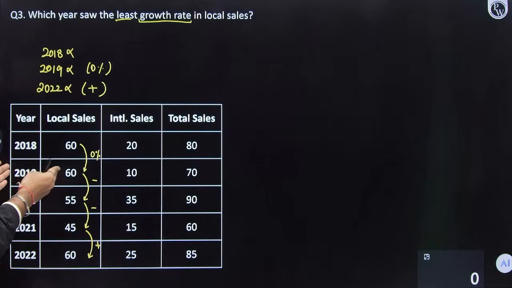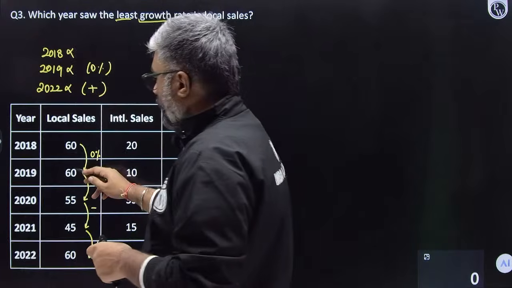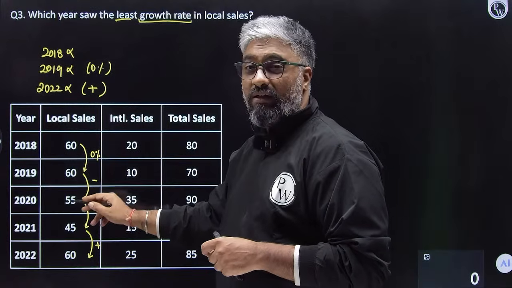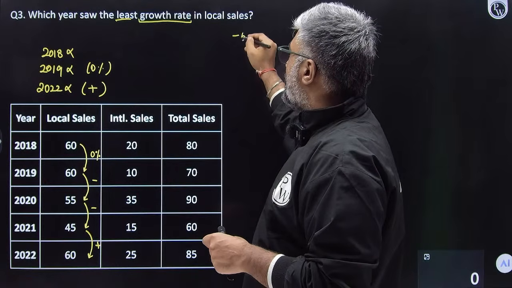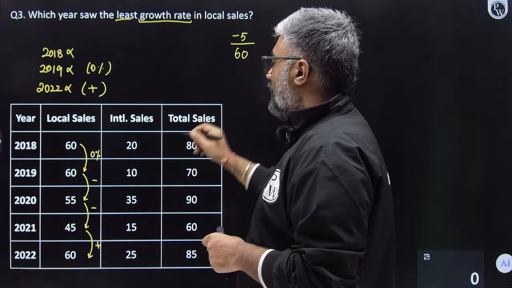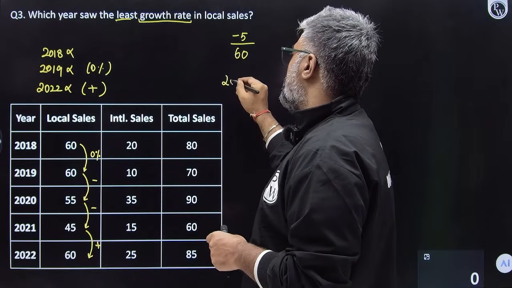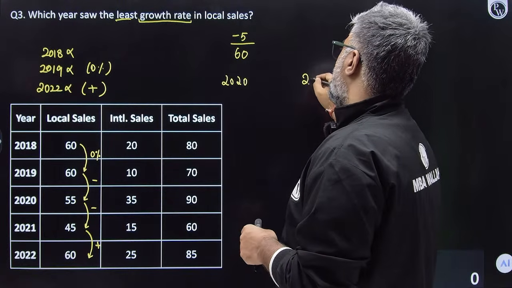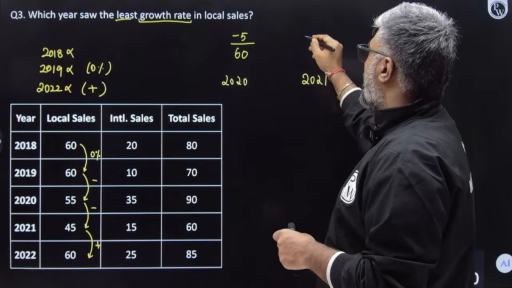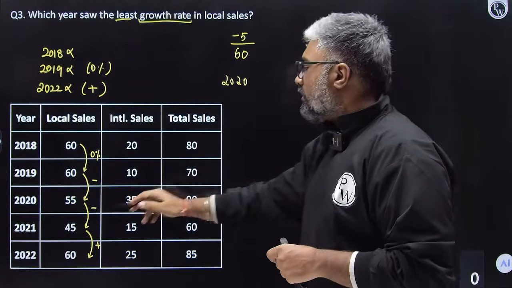For 2020, 60 to 55 is minus 5 over 60. Okay. And for 2021, what is the change? There is a drop of 10 over 55.